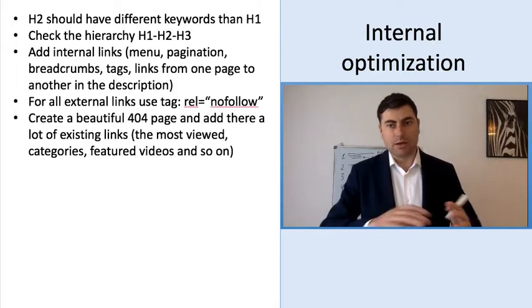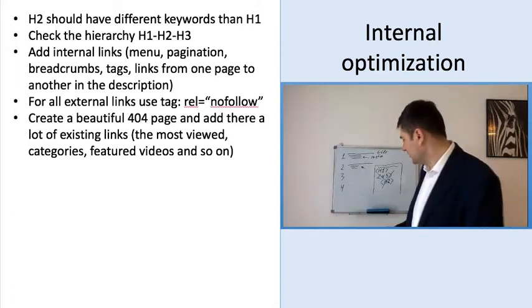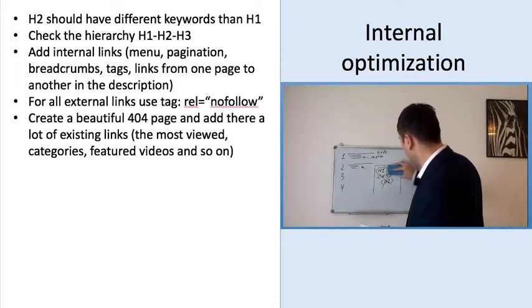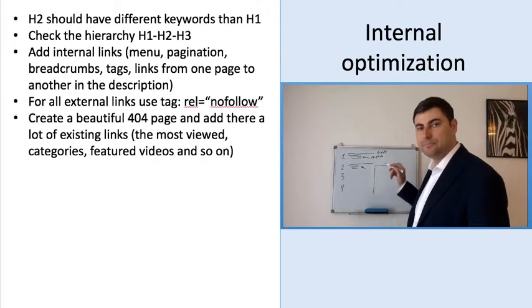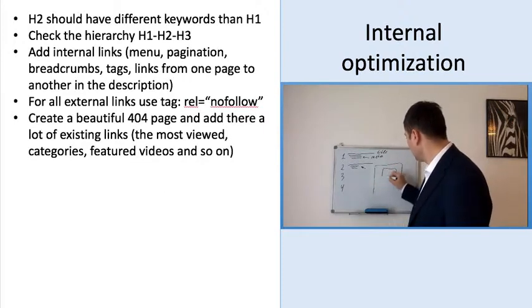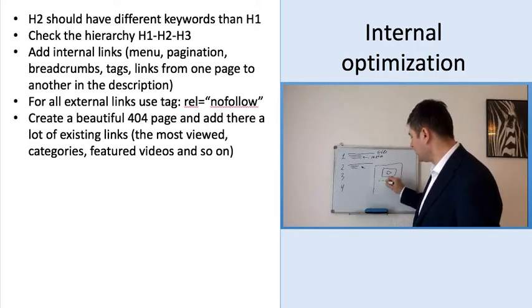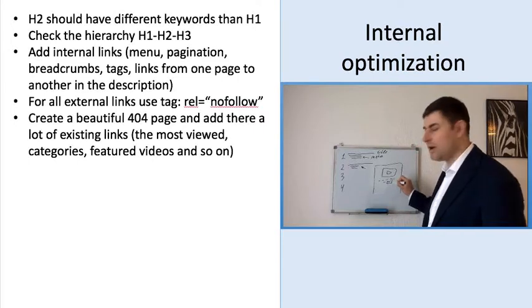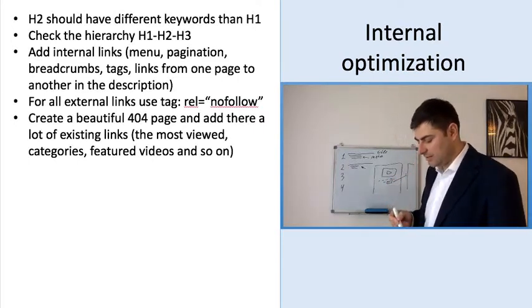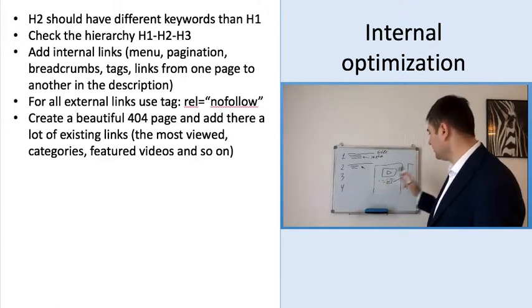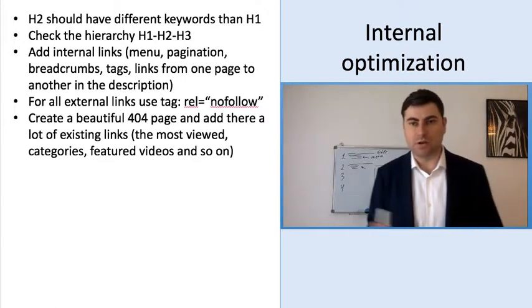For example, you're putting some video over here, and then here's some description, and here you can add a link to another video, to another page, so the user can be browsing all these pages and not leaving your website.